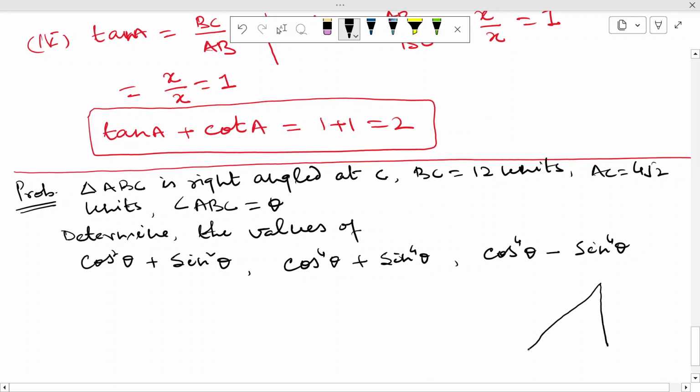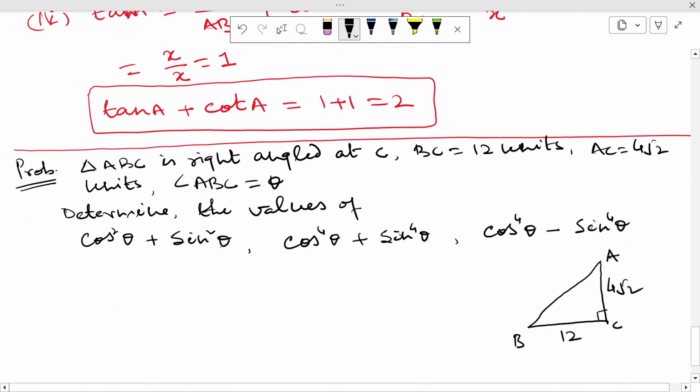If you consider this right angled triangle, it is given that it is right angled at C. So we have to mark this point as C because it is given that this triangle is right angled at C, and let us call this point A and this B. So we are given the measure of the side BC, which is 12 units, and the side AC is given as 4 root 2 units.